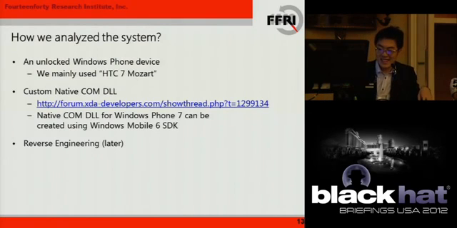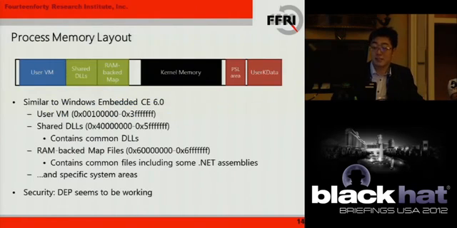So let's get started with process memory. The layout looks very similar to Windows CE 6. There's 1 gigabyte of user VM instead of the 2 gigabytes of normal Windows NT. And shared DLL and mapped file areas are located in higher memory areas.